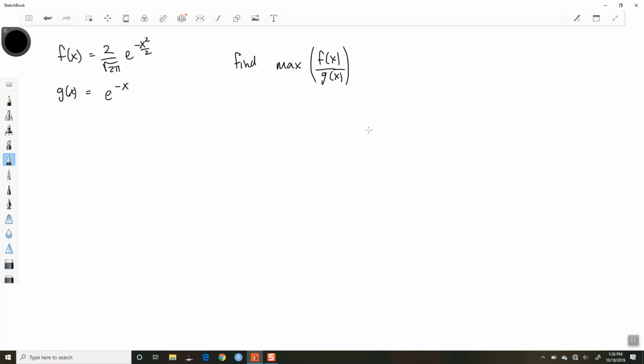What is the biggest value here? I've got 2 over root 2 pi times e to the negative x squared over 2, and I'm dividing this by e to the negative x, okay? All right, so this combines rather nicely. I'll get e to the, I'm going to put a negative out here, and I've got x squared over 2 minus x.